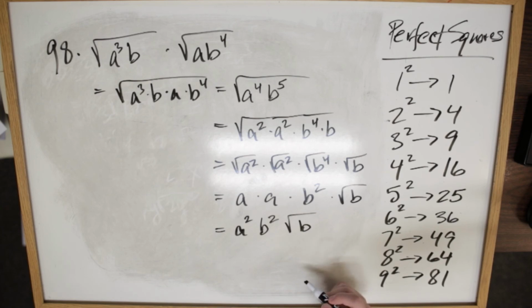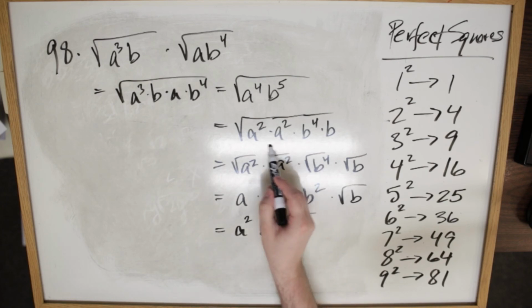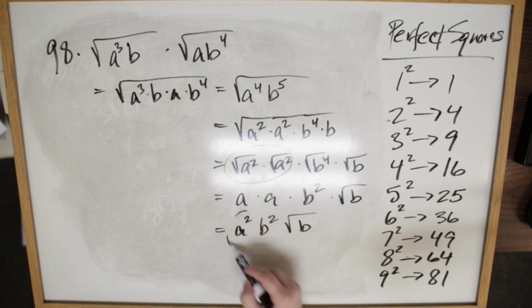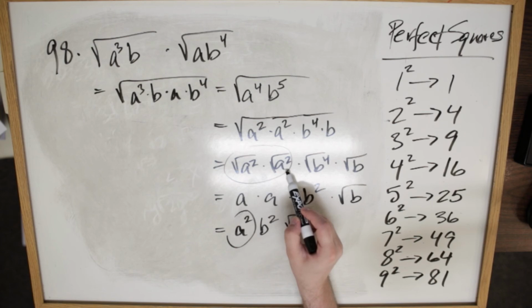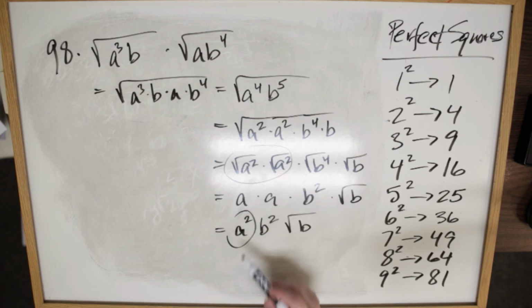Now, here is the cool thing. Take a look at what happened here to here. If I take the square root of a squared times the square root of a squared, I get a squared. It's very interesting. Or the square root of a to the fourth is a squared. So that is something to keep in mind.